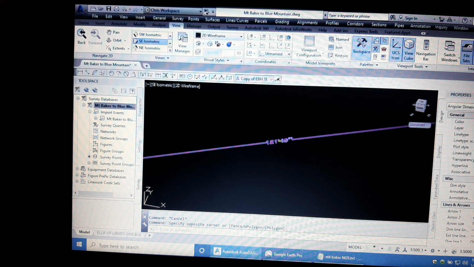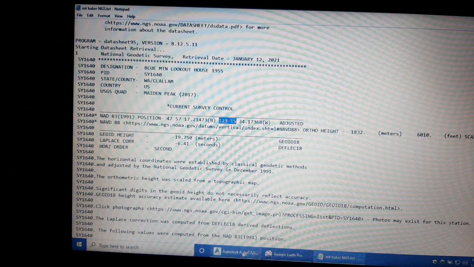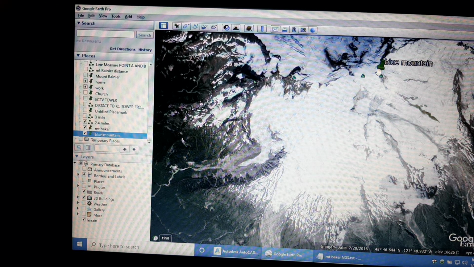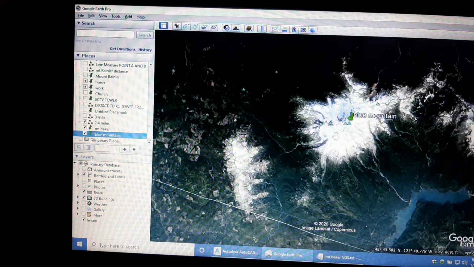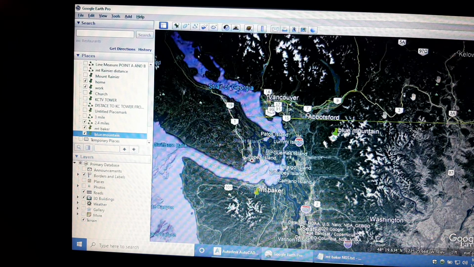And I got 121.49. Okay. So on that, I got 121.49, well, it doesn't matter if you round it. Same thing in the lower right hand corner. So it's pretty cool.